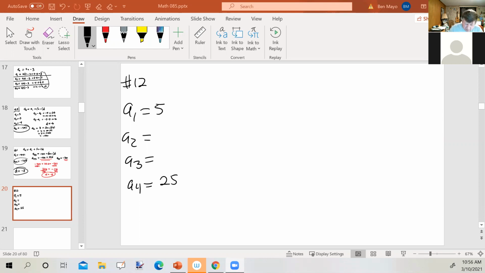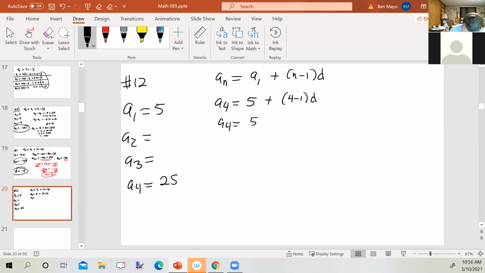Yeah. So using a sub n equals a sub 1 plus the quantity n minus 1 times d, we could say that a sub 4 is a sub 1 plus 4 minus 1 times d. A sub 4 is 5 plus 3d. But a sub 4 is also 25.